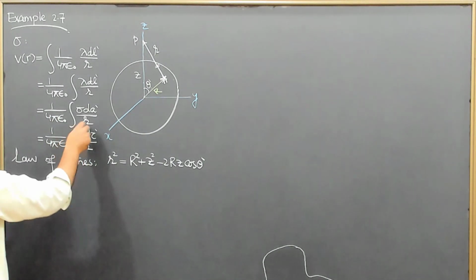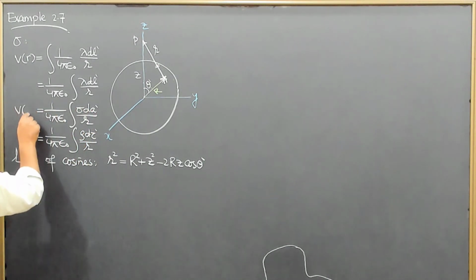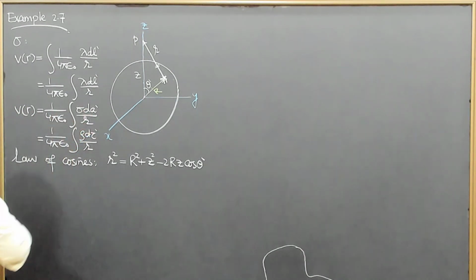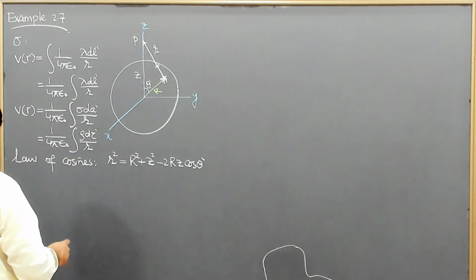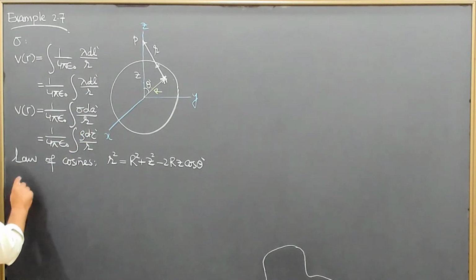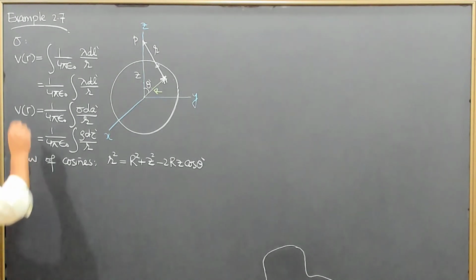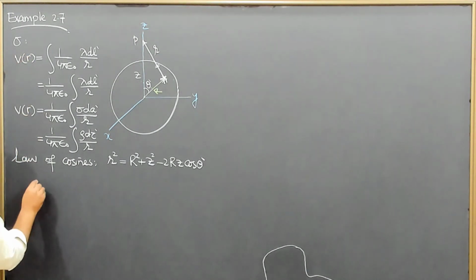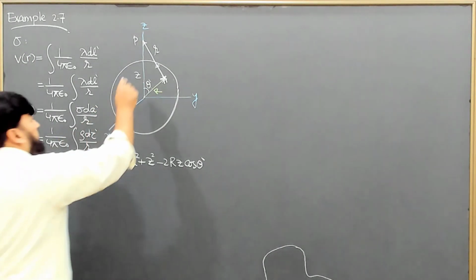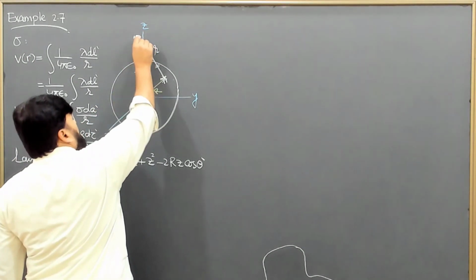Now in terms of this, we are dealing with V of R, sigma dA prime. The point R is actually Z, because our observation point P is on the Z axis.